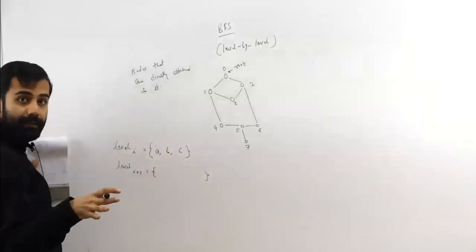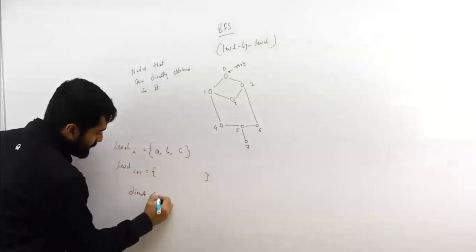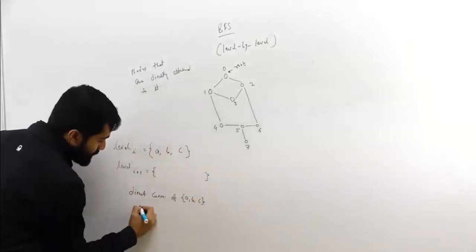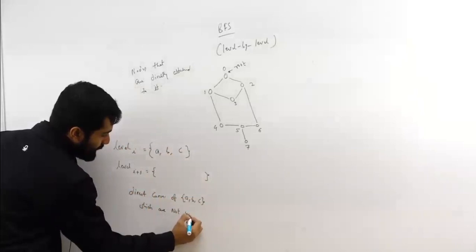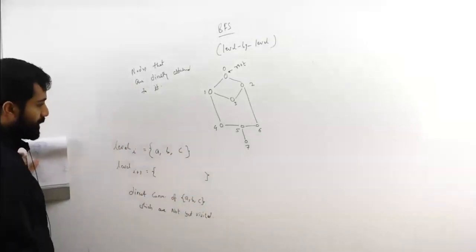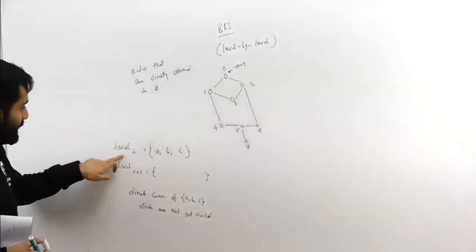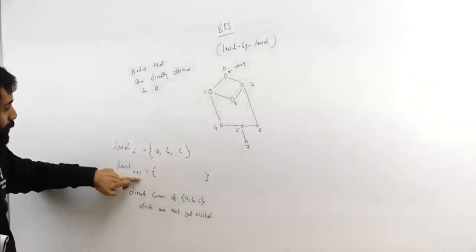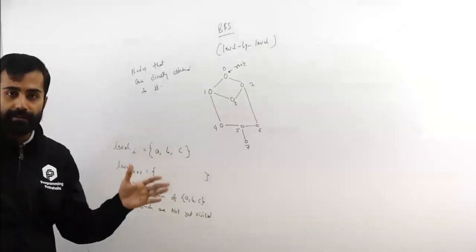In level i plus 1, you will have direct connects of A, B, and C which are not yet visited.